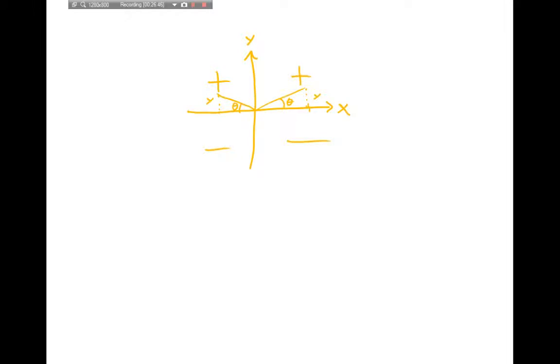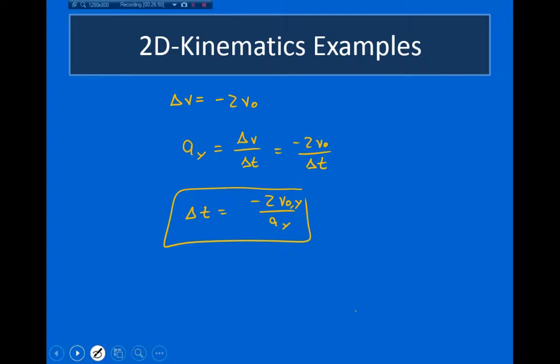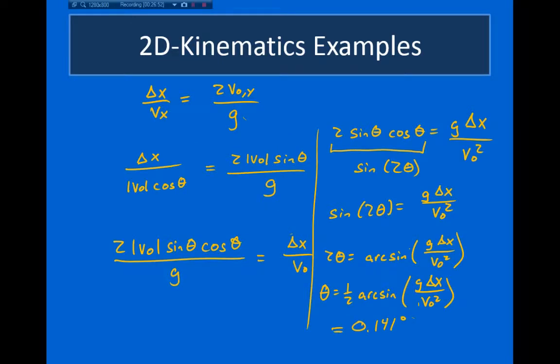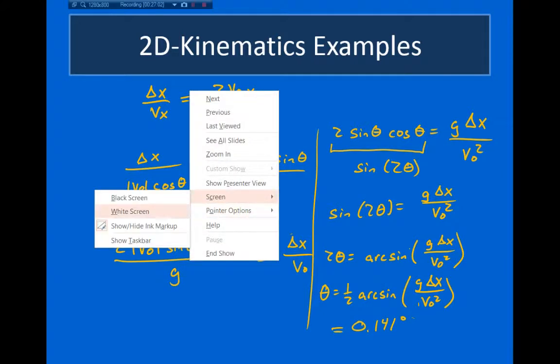So one of these angles that we found, half of the arc sine, was this, so the angle arc sine is 0.282 degrees. Oh no, I just got rid of my screen, I didn't mean to do that. So we found one angle up here. The other angle that works is this angle over here, and we can see this is 180 degrees minus this angle theta.